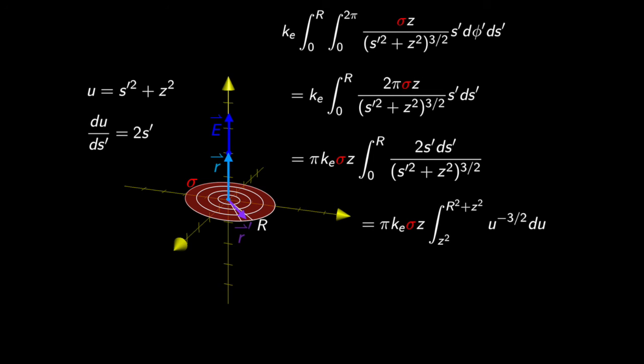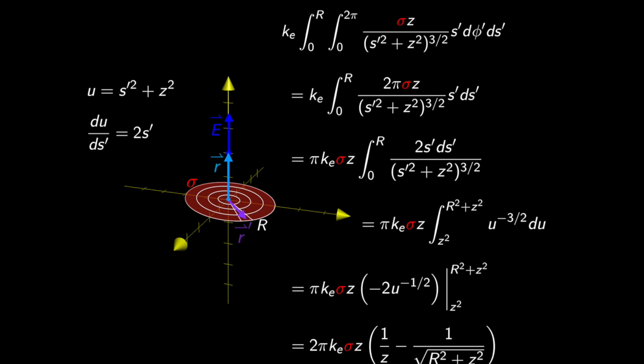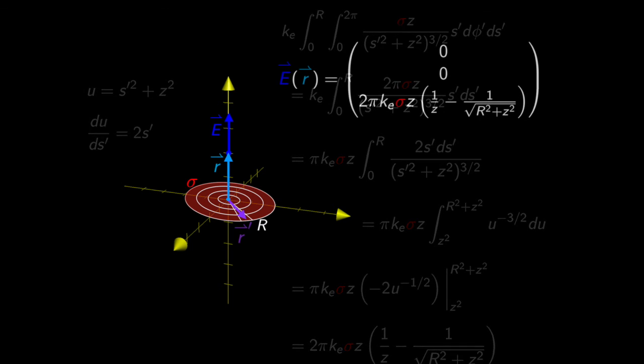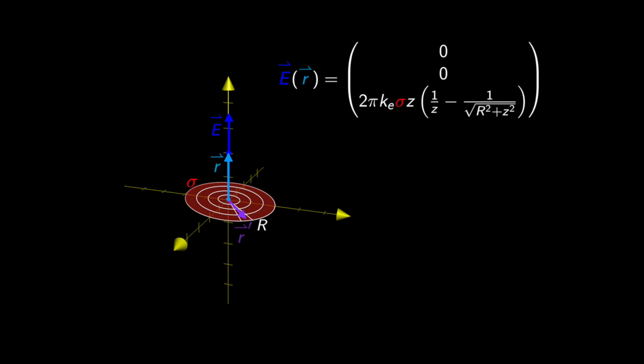Here's something we can integrate directly. After evaluating at the limits of the integral, we get our not so pretty answer. E of r is (0, 0, 2 pi ke sigma z times (1 over z minus 1 over the square root of big R squared plus z squared)).